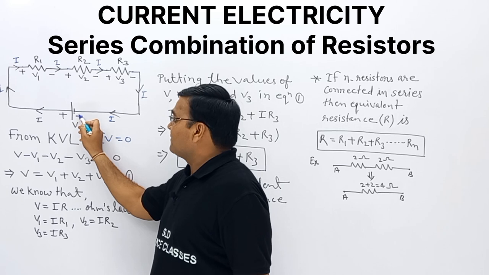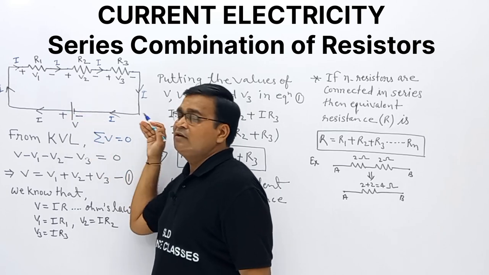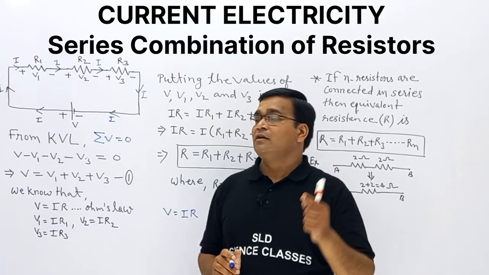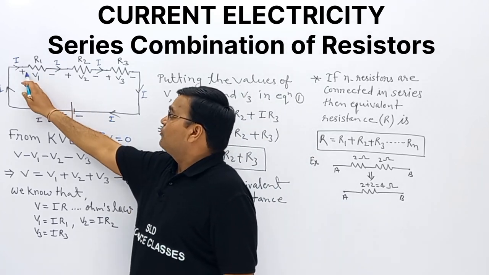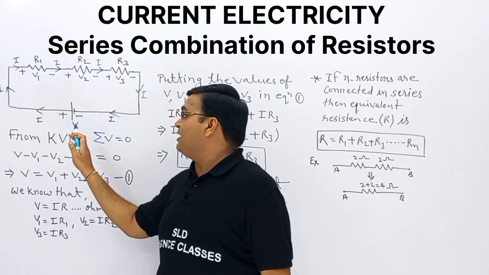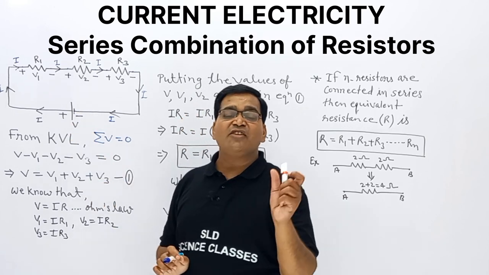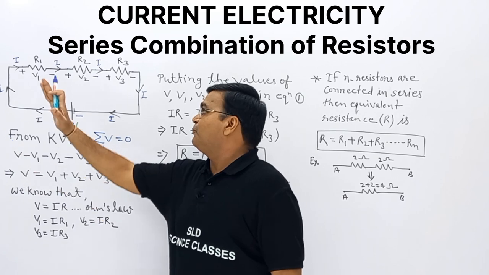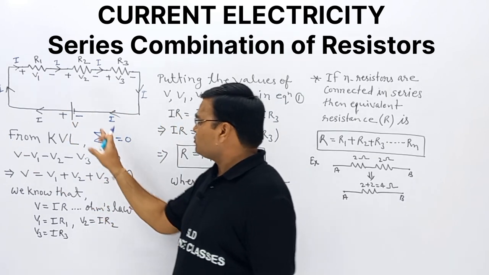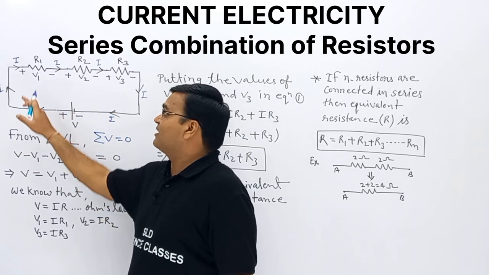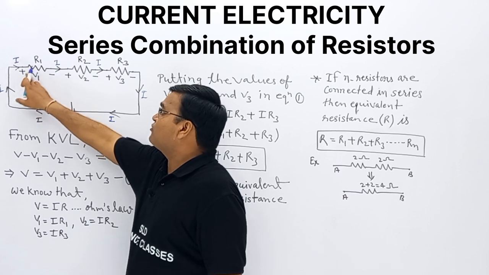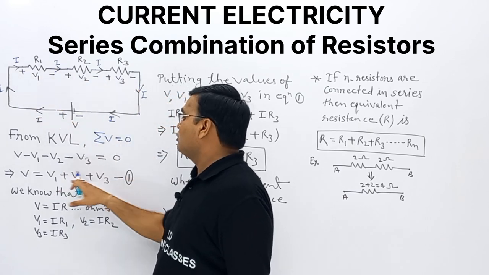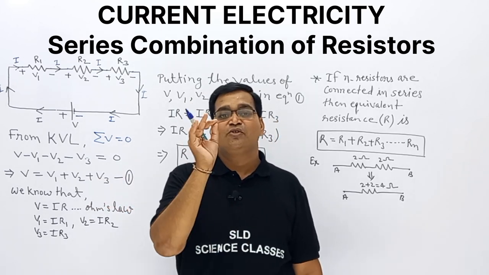So only this source has voltage increasing, minus to plus. Voltage rise must equal voltage drop: minus to plus is one side and plus to minus is the other side. V1 is minus to plus, but these voltages are plus to minus, so they will be on the other side. This is also Kirchhoff's voltage law.